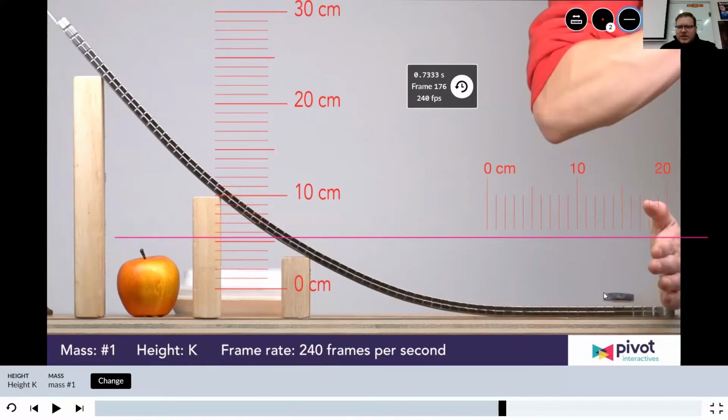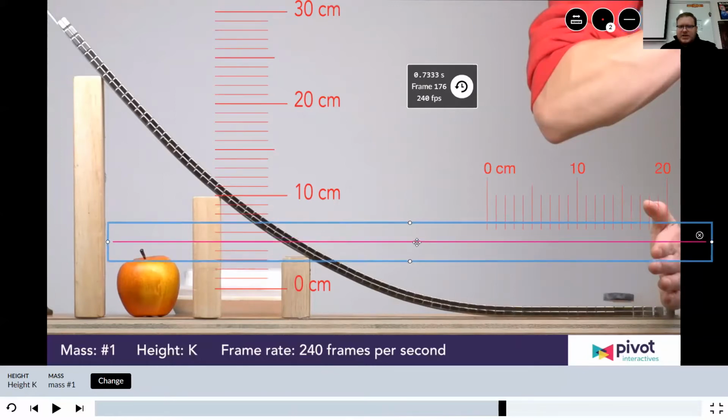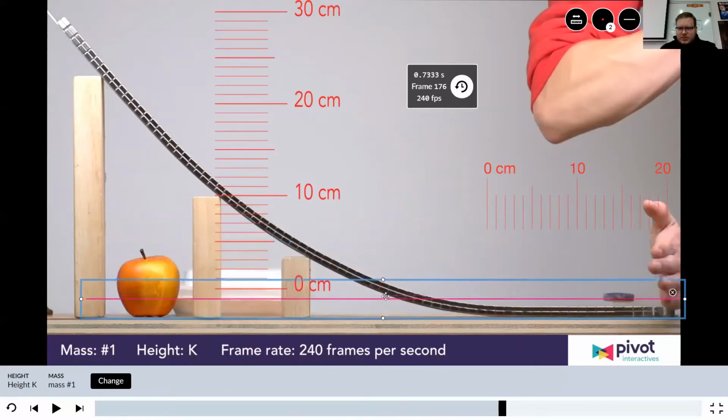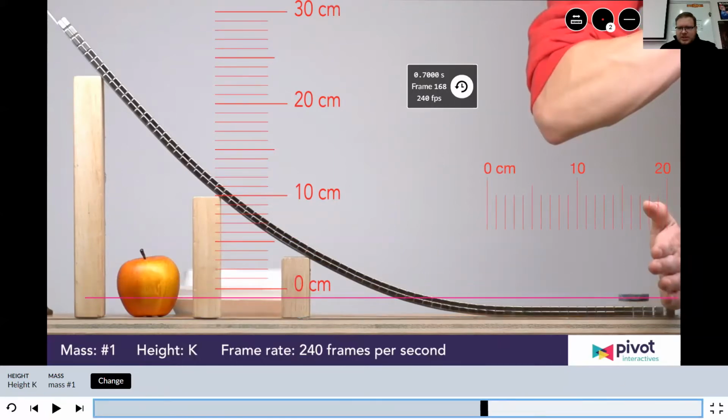But we can use this line to define 0. I'm going to put it in the middle of the puck like that, so that's measured from the puck's center of mass.